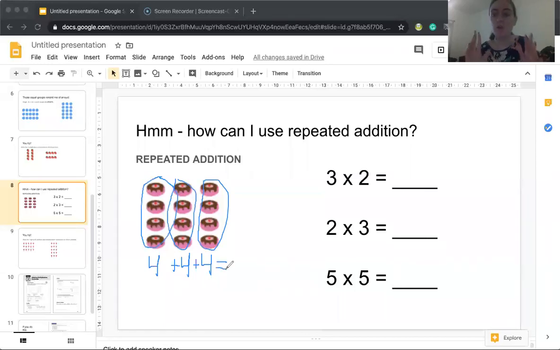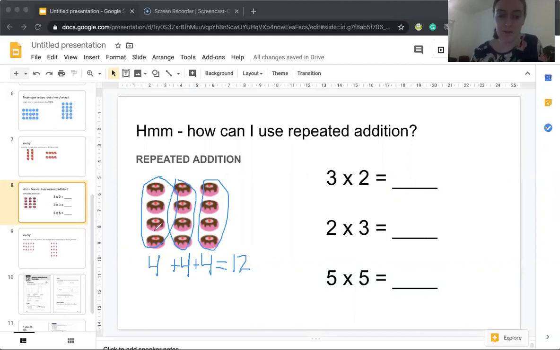The reason it's called a repeated addition sentence is because I don't just have the plus sign once. I repeat it by having another one, or I repeat the number, okay? So 4 plus 4 we know is 8, and I'm gonna add 4 more. So my answer, or my sum, is 12. Now I can take a look at this and I can turn this into a multiplication sentence too.